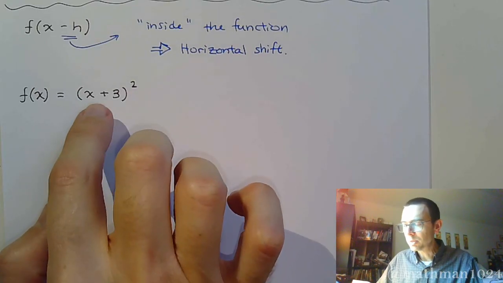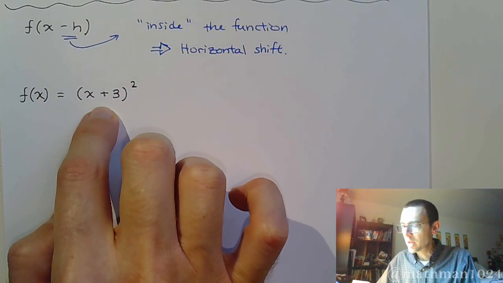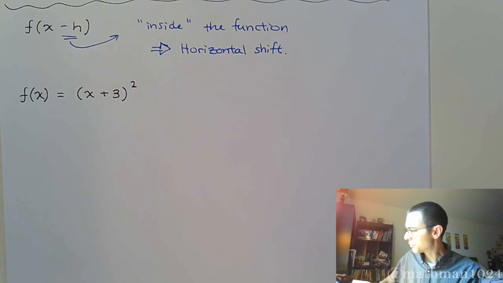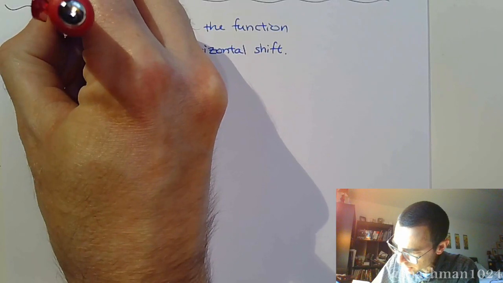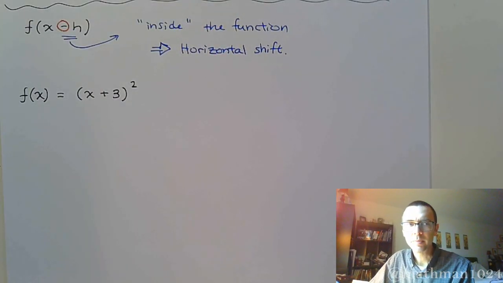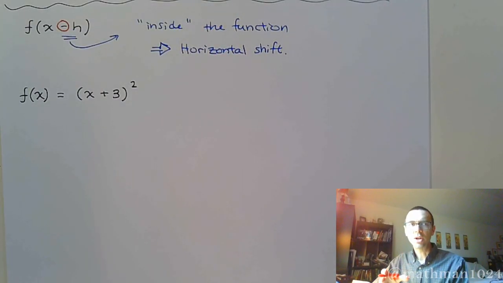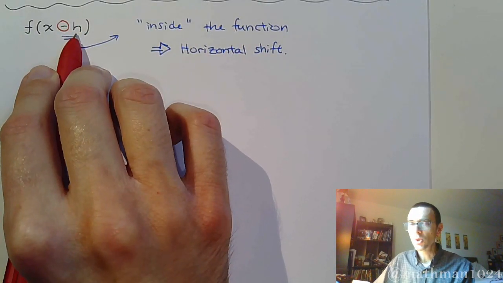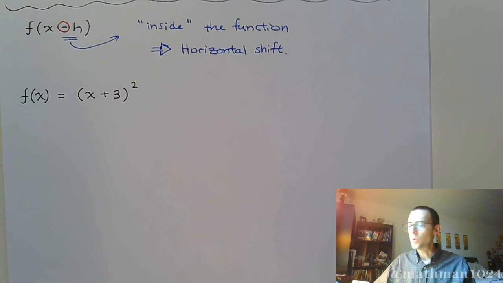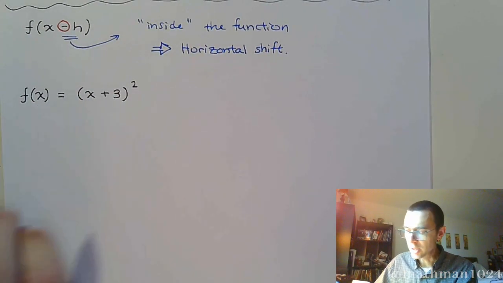Having the plus 3 inside means a horizontal shift. But notice how the form is set up for us. In the form, there's a minus. And since there's a minus there, anytime we see this in a form, that means we're going to end up doing the opposite of what we see in order to identify this value that comes after it. So in order to find the h value here, we do the opposite of what we see.